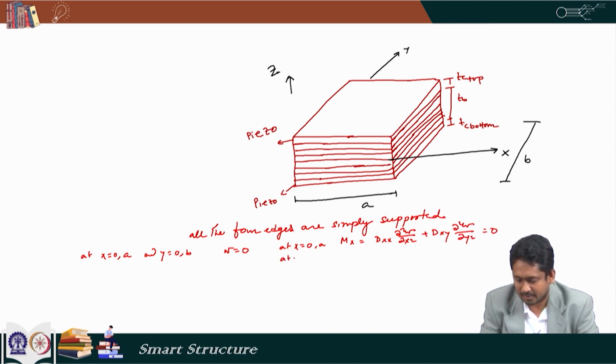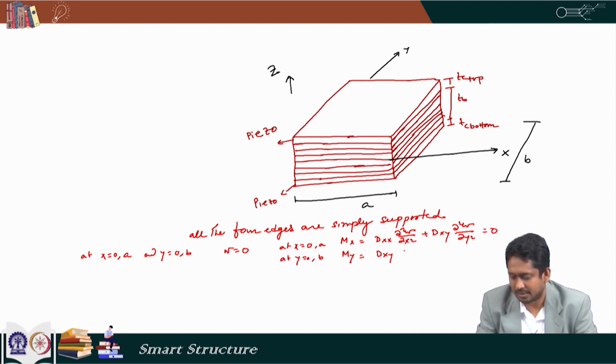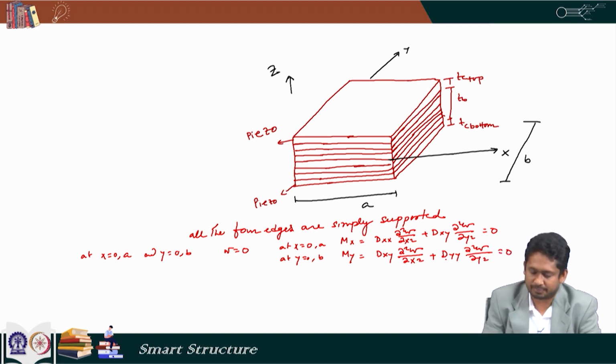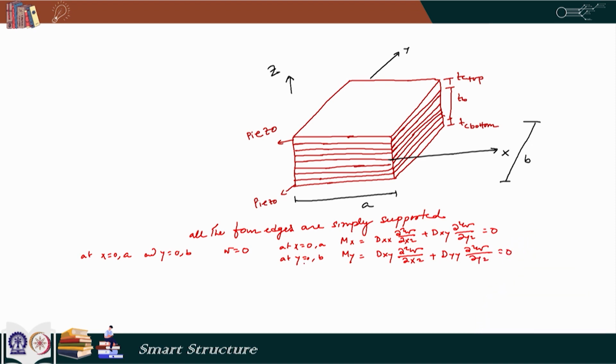And similarly, at y equal to 0 and y equal to b, My equal to Dxy multiplied by d2w by dx2 plus Dyy multiplied by del 2w by del y2 equal to 0. So, our approximation should satisfy at least this boundary condition. If I can satisfy this, that is good, otherwise even satisfaction of this would also serve the purpose.